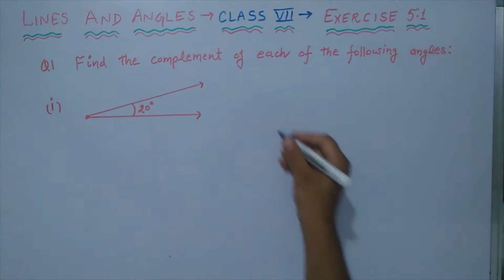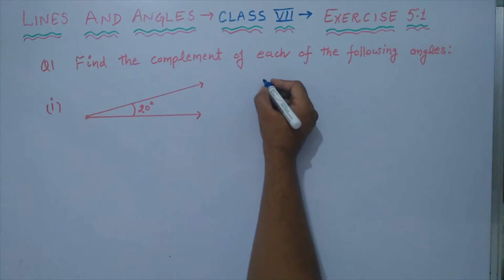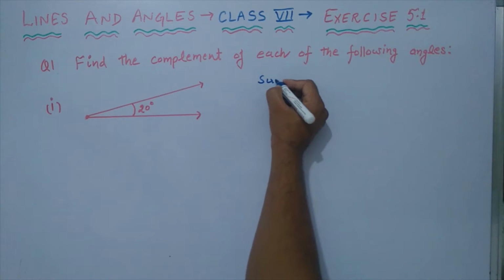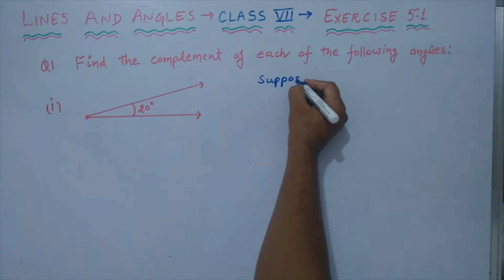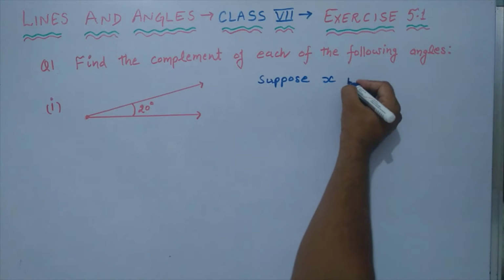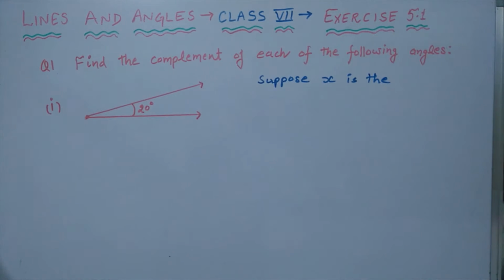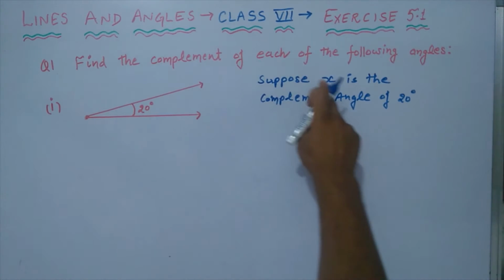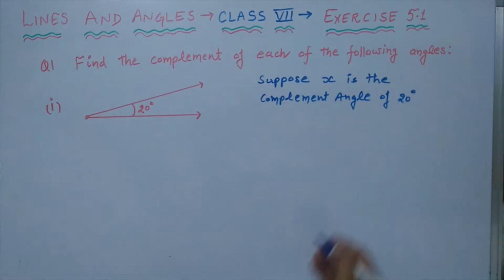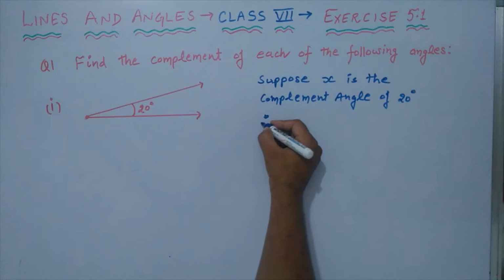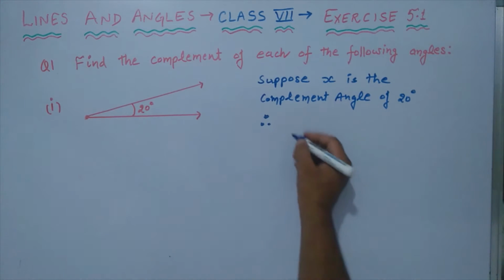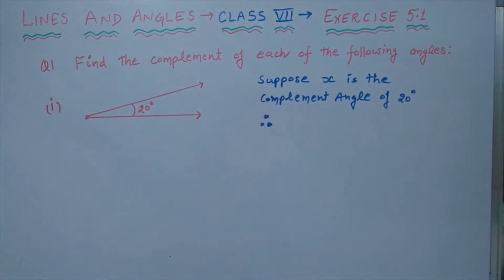So as we know that complement mean, suppose x is the complement of this angle. Suppose x is the complement angle of 20 degree. Therefore what about complementary angles? We know that the sum of two angles should be 90 degree.